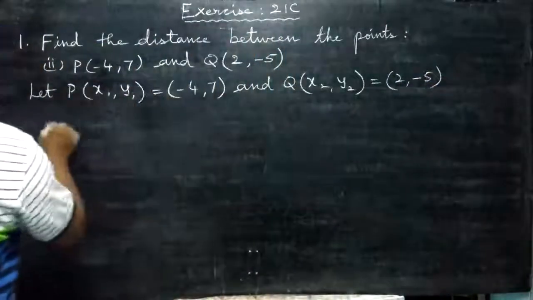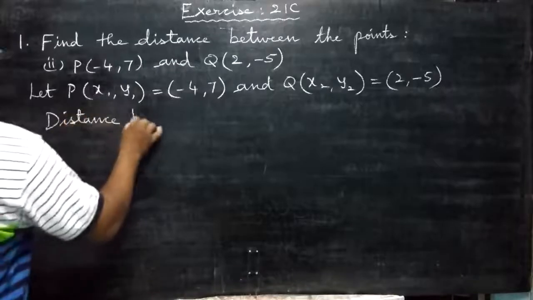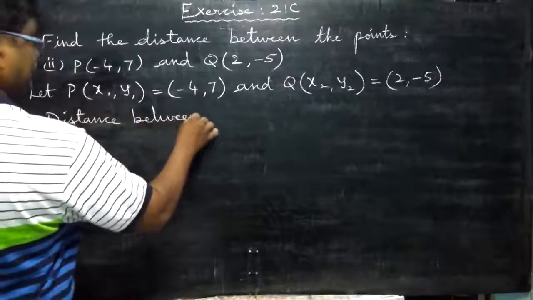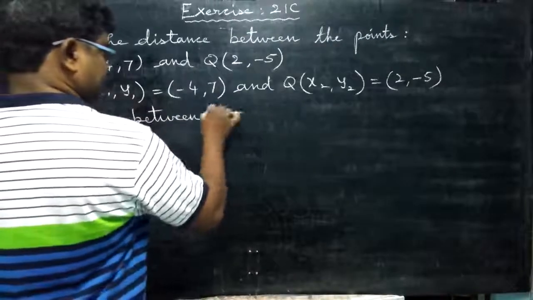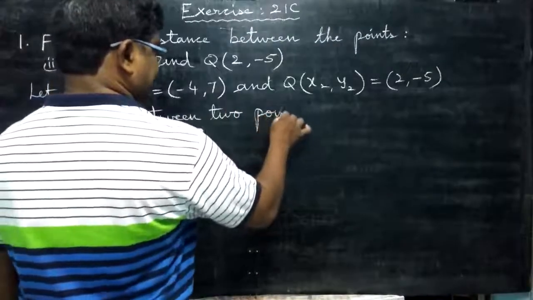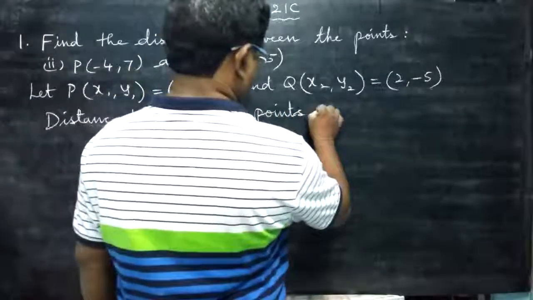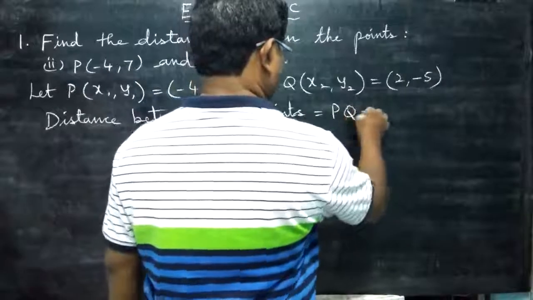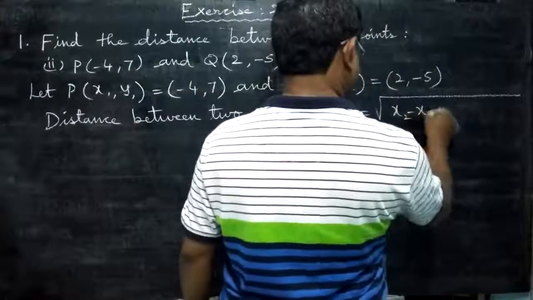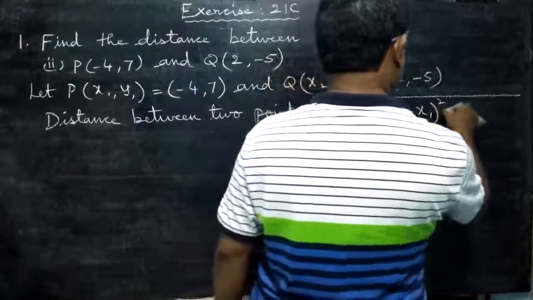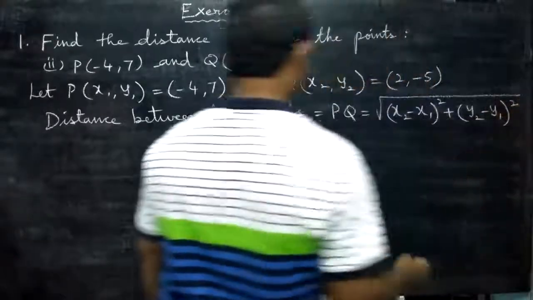Now they are asking to find the distance between 2 points. So the distance between 2 points PQ is equal to the formula, square root of (x2 minus x1) whole square plus (y2 minus y1) whole square.